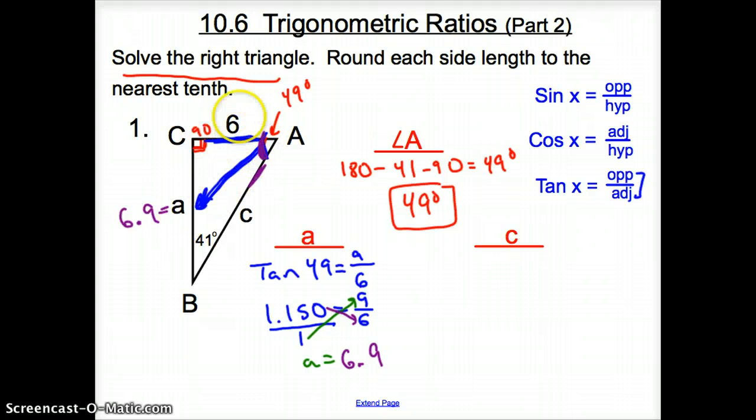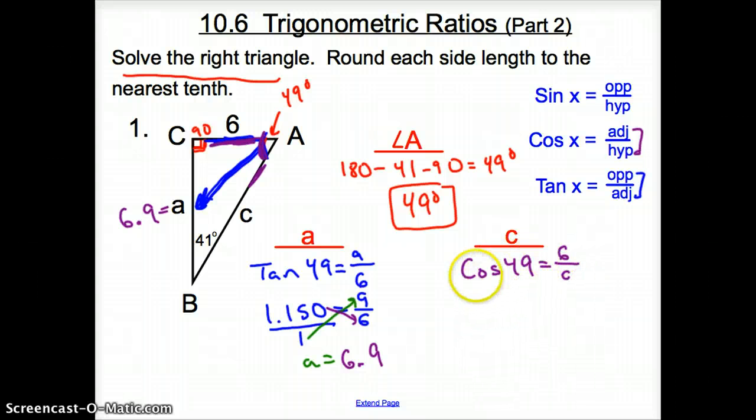Well, since we were given the adjacent, I'm going to stick with the adjacent. So I'm going to use adjacent and hypotenuse. Which one gives me adjacent and hypotenuse? Cosine does. So cosine of angle A, which is 49 degrees, is adjacent, which is 6, over C, because it's the hypotenuse.